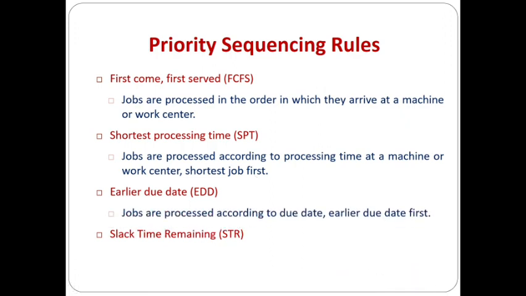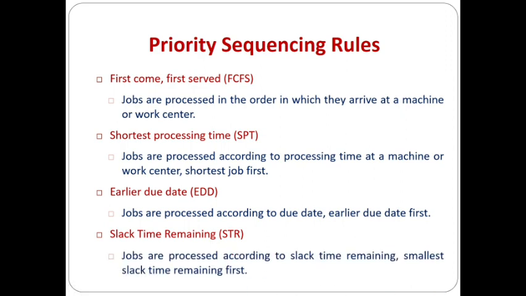In the third one, jobs are processed according to the due date, the earliest due date first. And the last one, the jobs are processed according to the slack time remaining, that is the job with the smallest slack time remaining will be processed first. These are all the four priority sequencing rules we have.